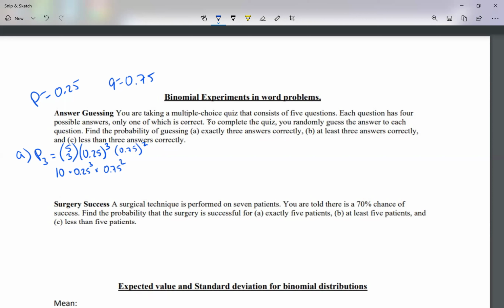You guys might be wondering, how did I get the 10 from the 5 choose 3? If you need a reminder how to do choosing, so 5 choose 3, well, I went 5 factorial on the top. I was looking at a fraction, 5 factorial on the top, and at the bottom I have 3 factorial. You see where I got the 5, you see where I got the 3.